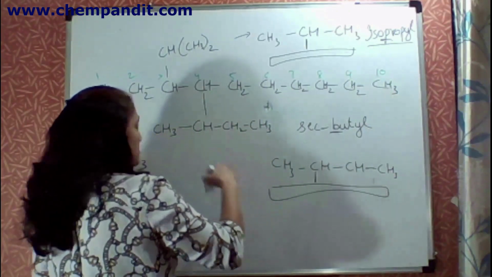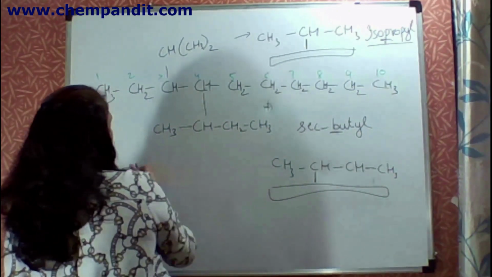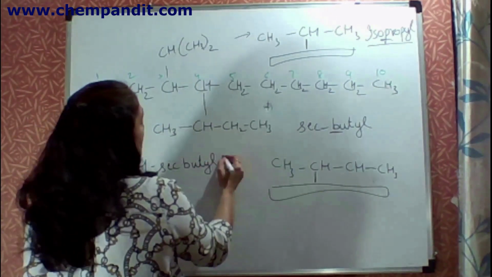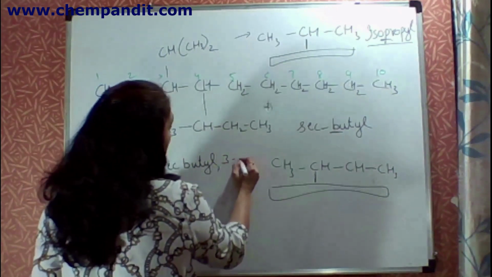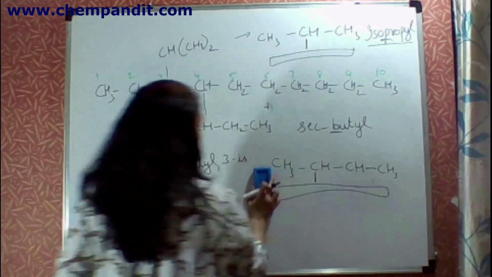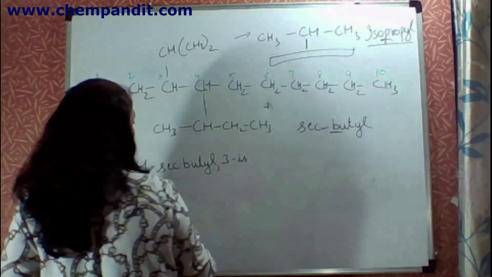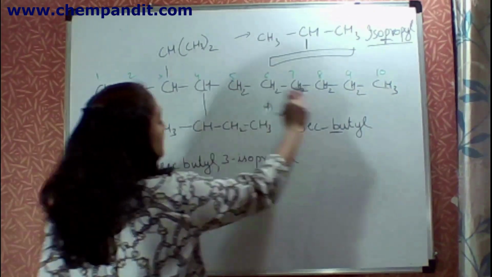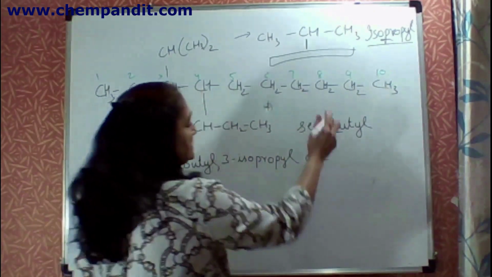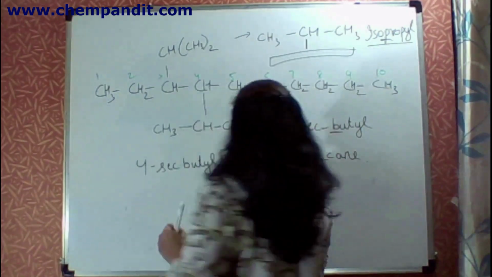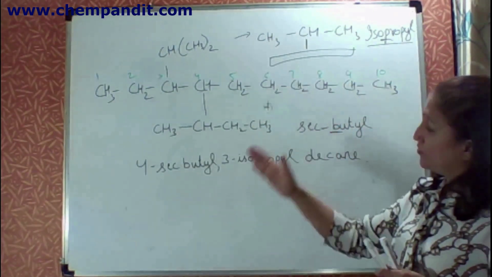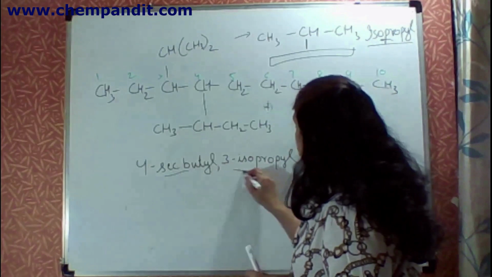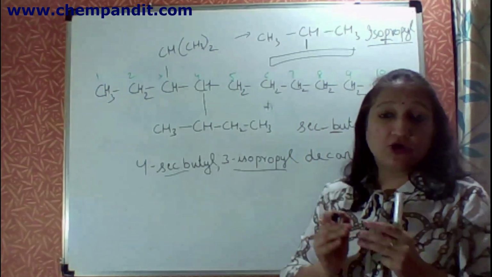B comes before P. So we will write 4-sec-butyl, comma 3-isopropyl, 3-isopropyl, 10 carbon atoms, dec, all single bonds, so decane. So the name of this compound becomes 4-sec-butyl isopropyl decane. Now this sec-butyl and isopropyl are common names of these substituents.